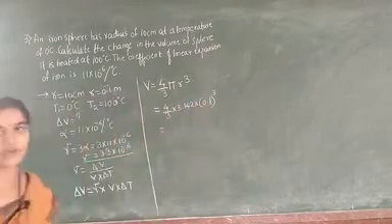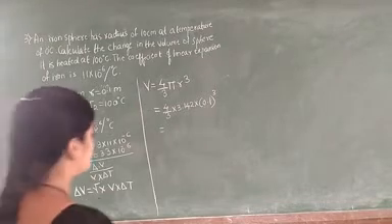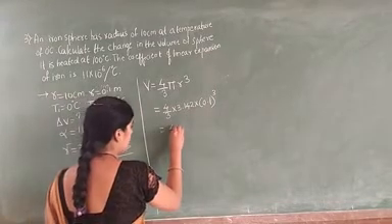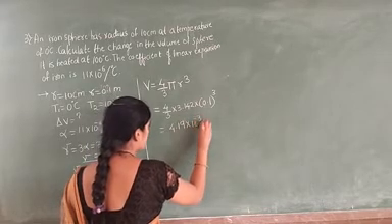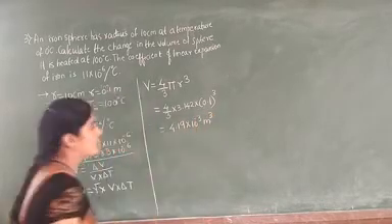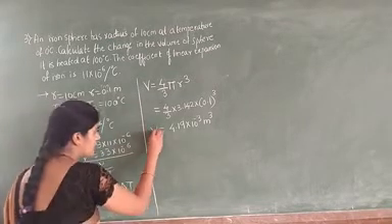Now the calculation part, the value of V is 4.19 into 10 raised to minus 3 meter cube. This is for the volume.